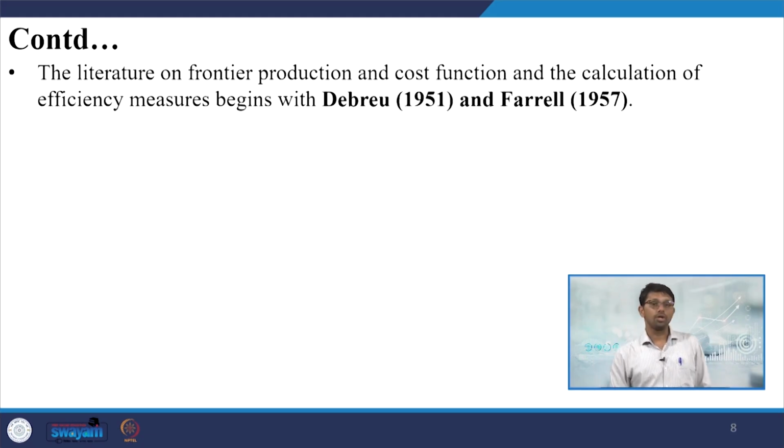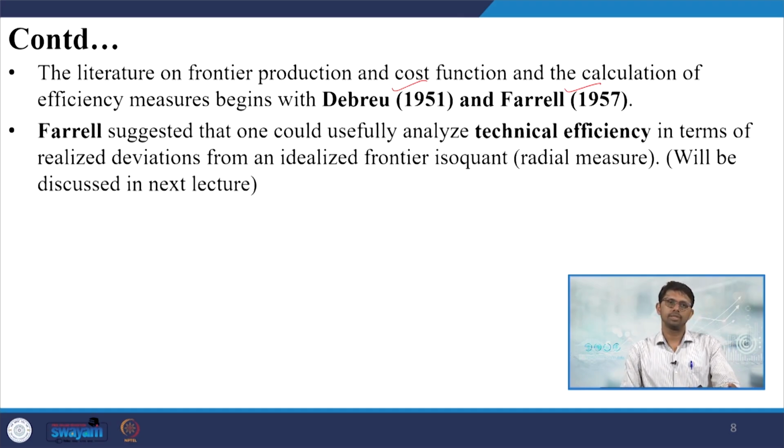The literature on frontier production and cost production and the calculation of efficiency measures begins with two important writers, Debreu in 1951 and Farrell in 1957. So, we refer to their work on frontier production and cost functions, and especially the calculation of efficiency.